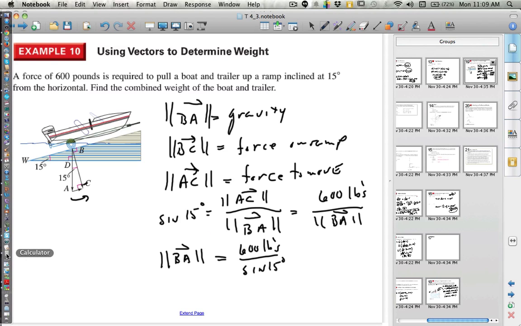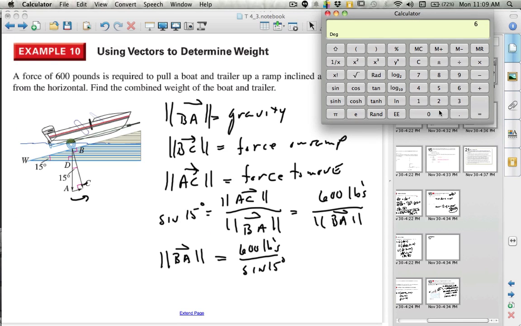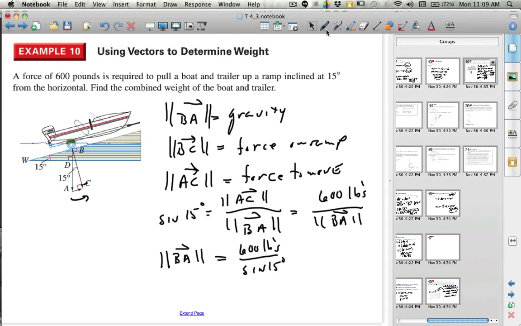So if I take 600 divided by sine 15, it's going to be 2,318 pounds essentially. So that's the weight, right? The weight is, of course, the force of gravity and the weight going through the ramp. Okay, so that's how I went ahead and solved that problem.